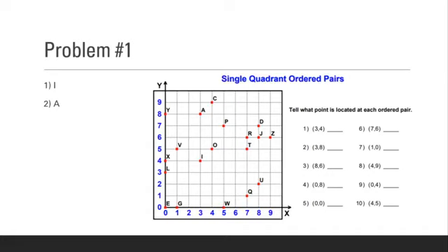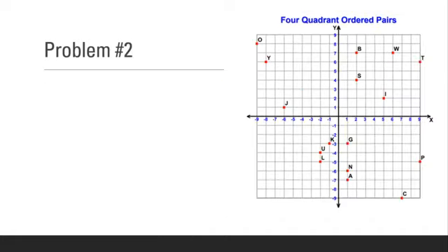So let's look at a more difficult problem. This problem, number 2, has 4 quadrants. Okay, so this is also called the full coordinate plane. On this one, they want us to tell them what coordinates certain points are at.